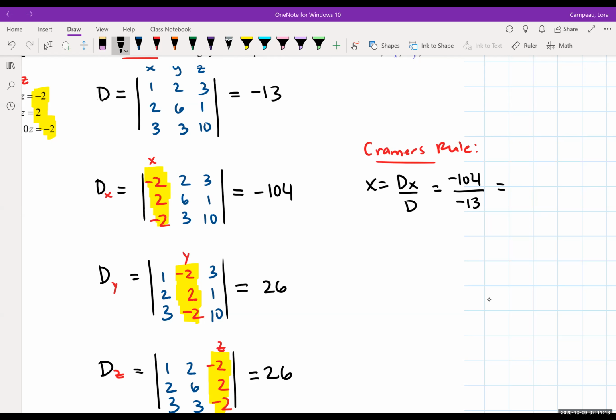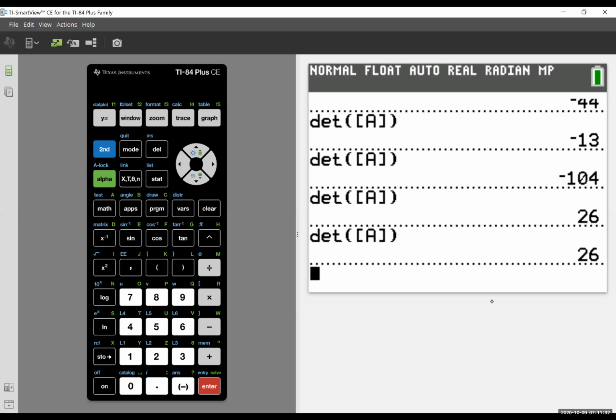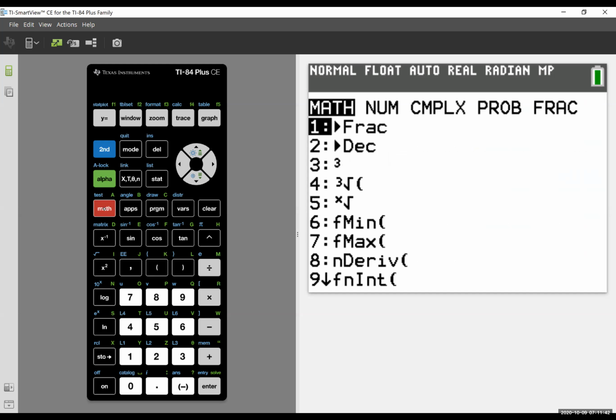Sometimes it looks a little scary, but I'll use my TI. I'll do it for you too, just in case, just so you can see. I don't know off the top of my head. Let's do this together. I'm going to say negative over negative is positive. So I should have just 104 over 13, and then I'll just use the fraction key just to see if it reduces.